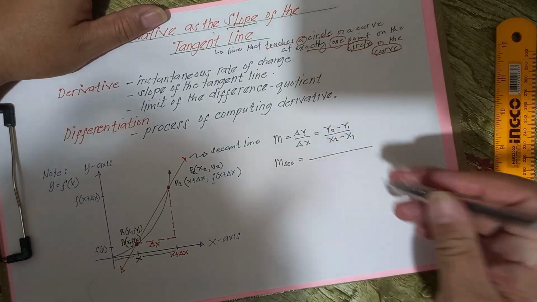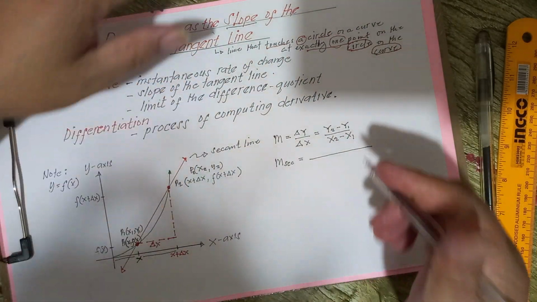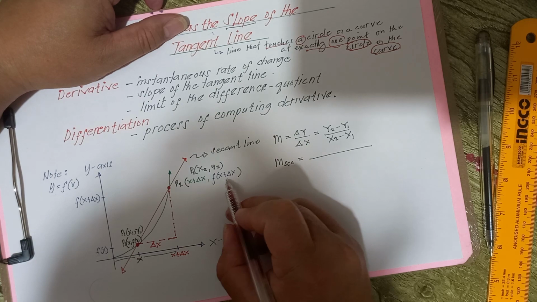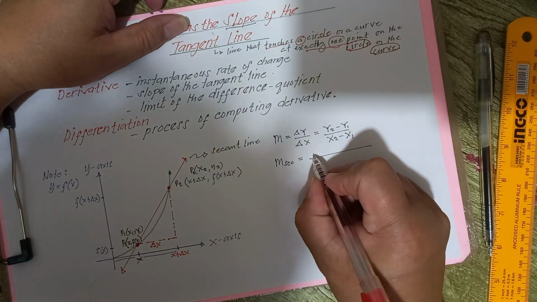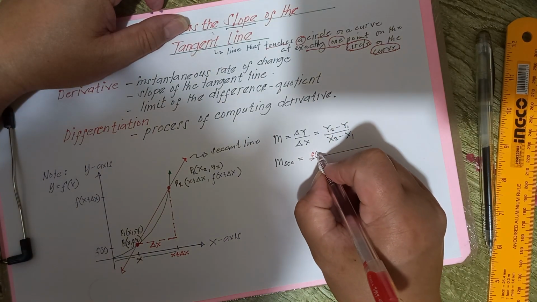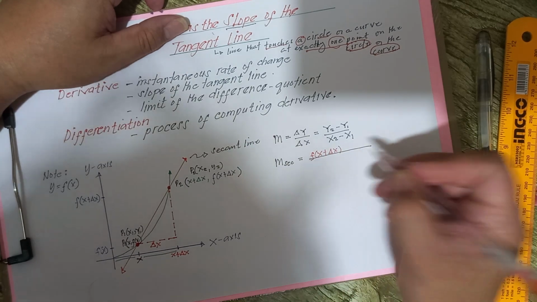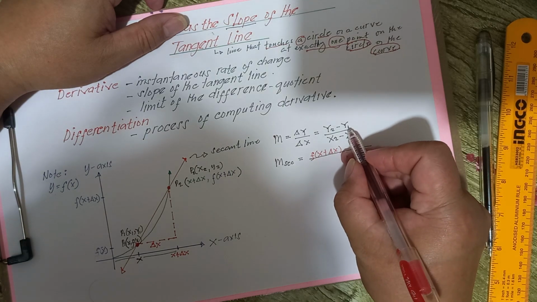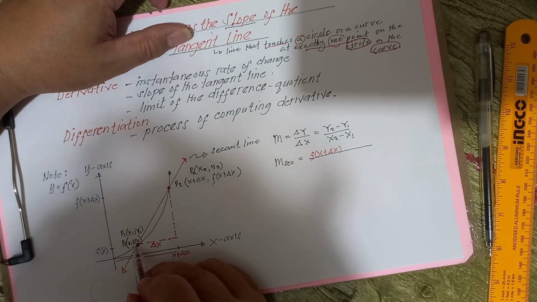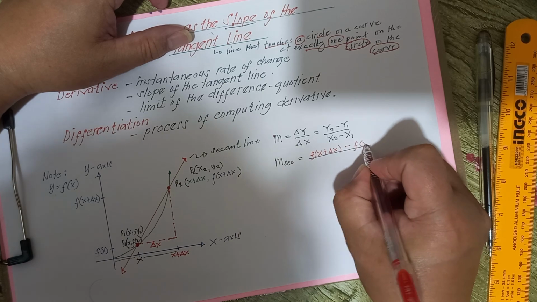Let me make use of another color so that you can see them. Our y sub 2 in here is actually f of x plus change of x. Now, what about our y1? Our y1 is located at point 1, which is f of x. So that is minus f of x.